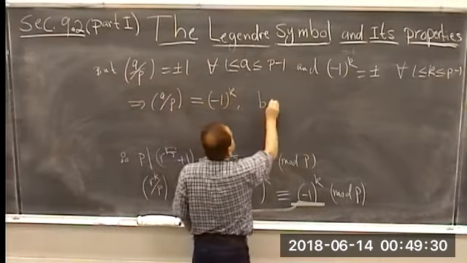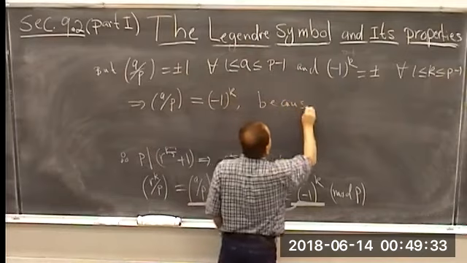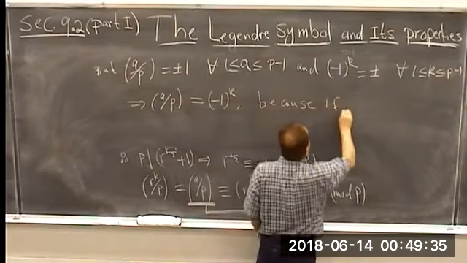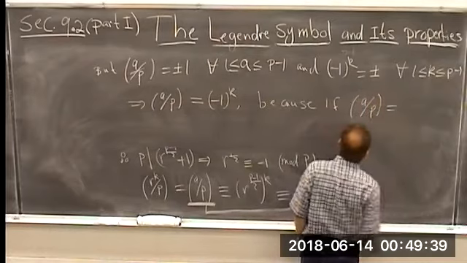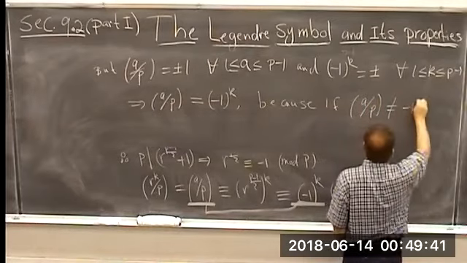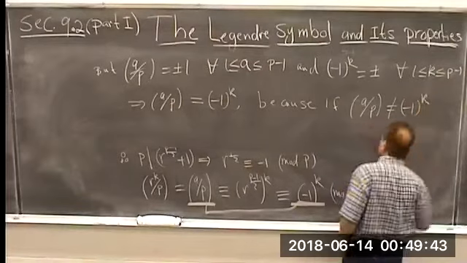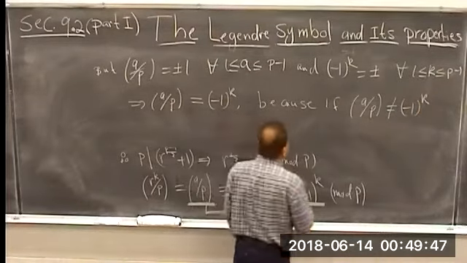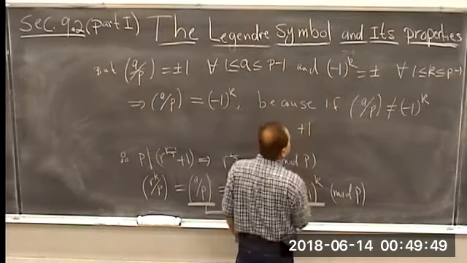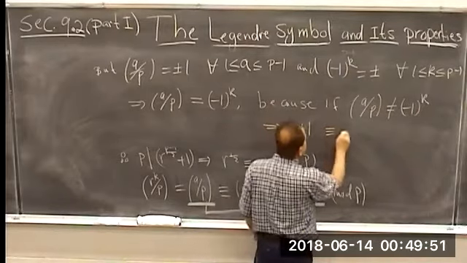Because if they are not, we did this before, this does not equal this. This means when one side is going to be positive 1, the other one is minus 1.